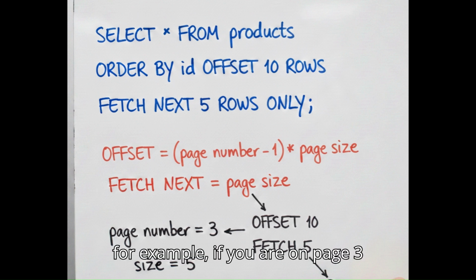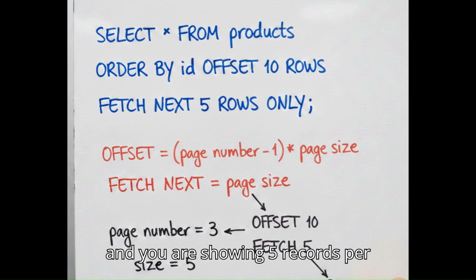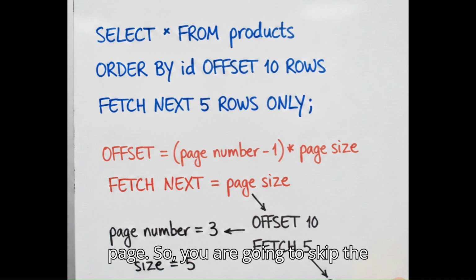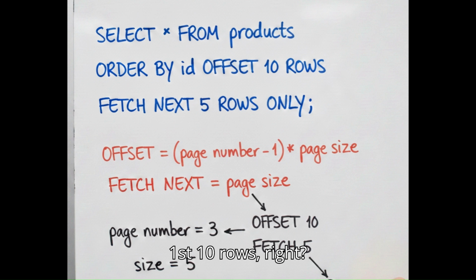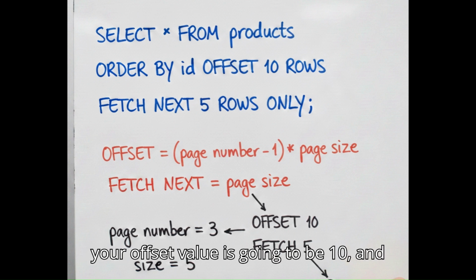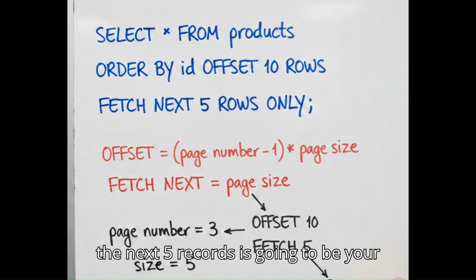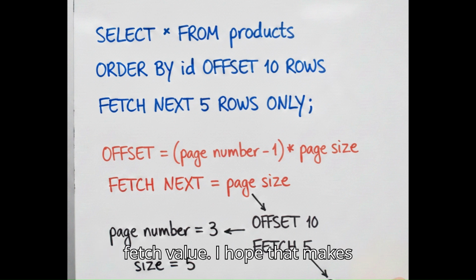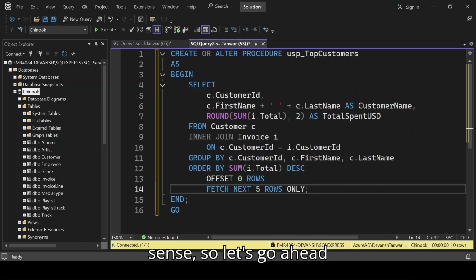So for example, if you are on page 3 and you are showing 5 records per page, you are going to skip the first 10 rows, right? And you are going to fetch the next 5. So your offset value is going to be 10, and the next 5 records is going to be your fetch value. I hope that makes sense.